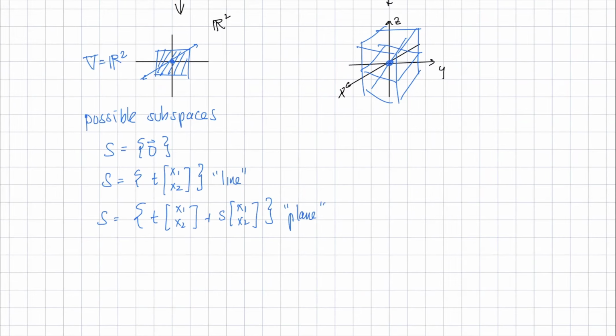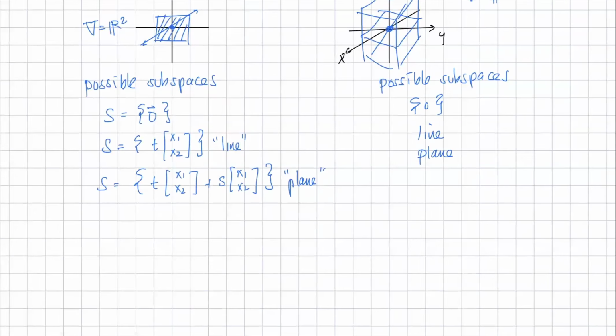And then here, the vector space R3, and your possible subspaces are the 0 vector, a line, a plane, and the entire 3 space. And I won't bore you with the notation there, but those are the options.